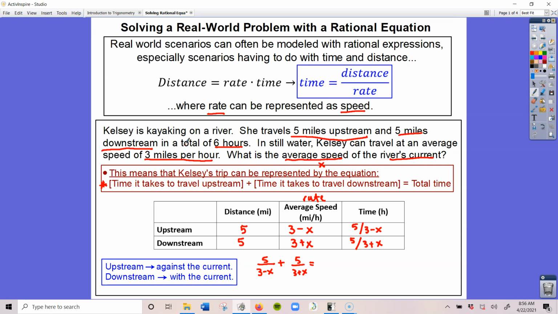In the problem, they tell you that it takes her a total of 6 hours. So it's going to equal 6. So this is the equation that I'm going to use to solve for the speed of the current, since that is what x represents. So let's look at how to solve that.